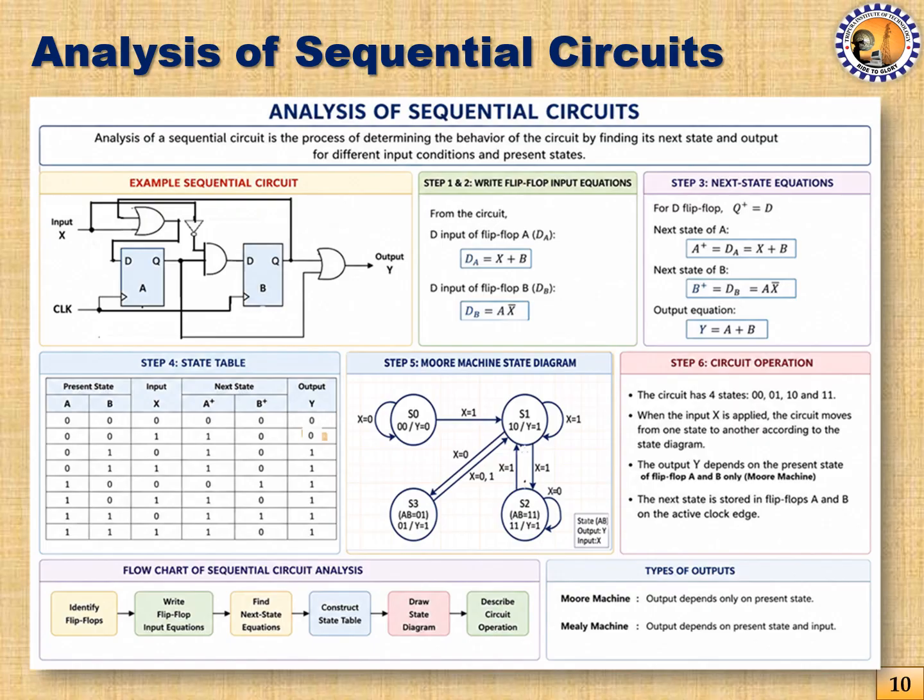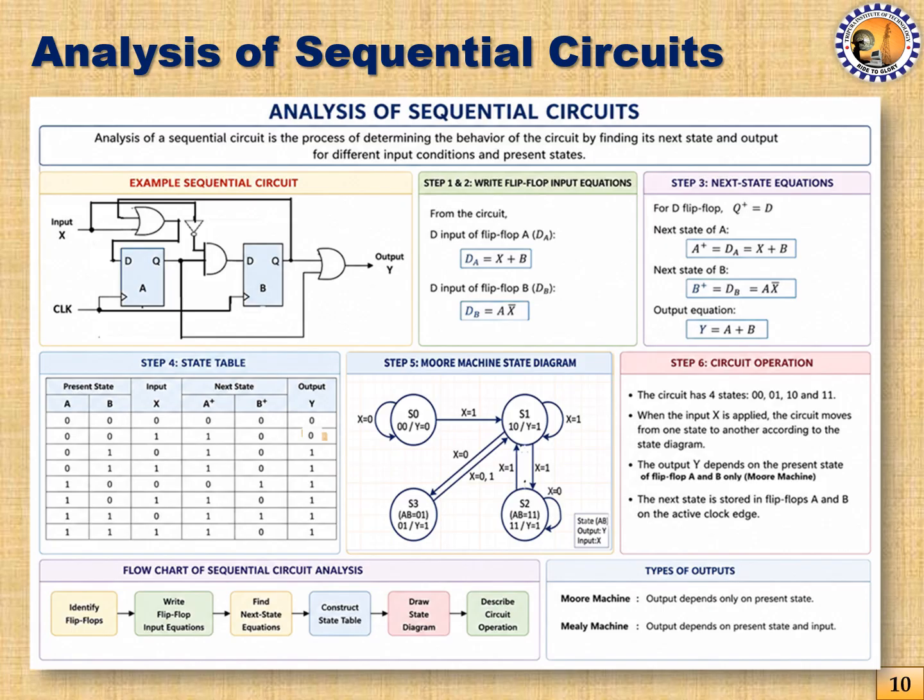I'm going to talk about how to analyze a sequential circuit. In this slide, we will learn about that. Let us assume that we are given a sequential circuit as shown in this diagram. Over here, we can see that the sequential circuit has two flip-flops and there is one input X. Clock is applied simultaneously to both flip-flops.